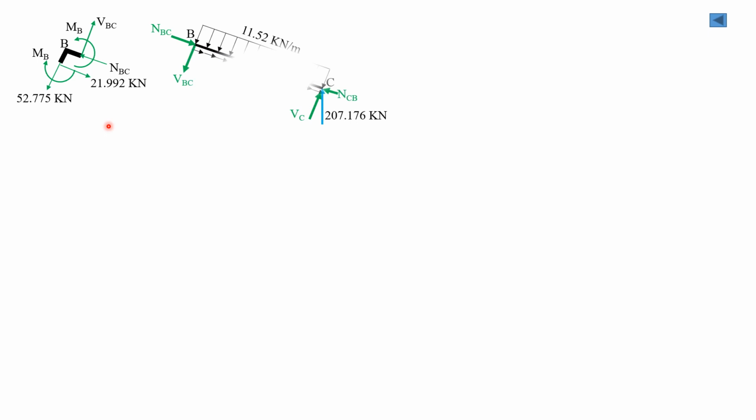Let's use the joint B. This was the shear at B, 21.992. Then NB, which is 52.775, and moment at B, and so that's just the positive. Call that shear BC. This is the member BC, and this was the free body diagram in the preceding slides.